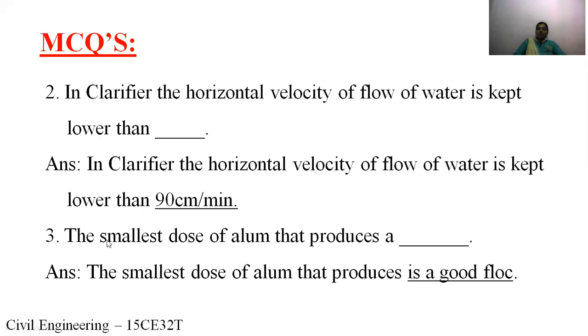Next question. The smallest dose of alum that produces a good flock is the optimum dose.